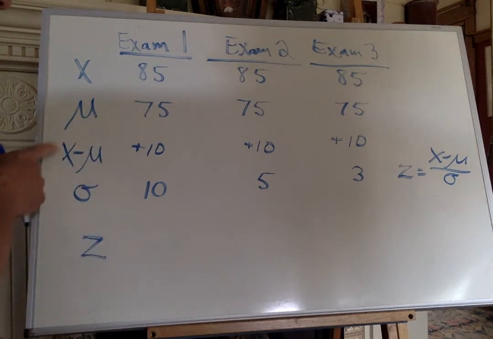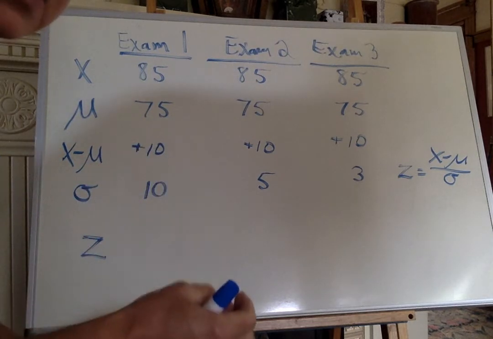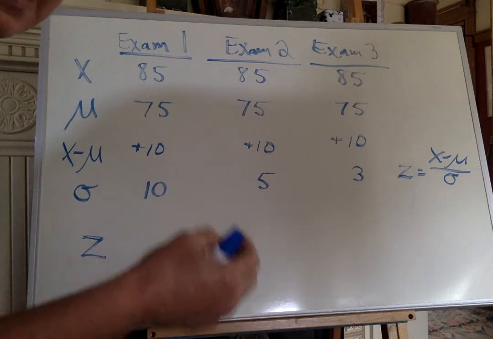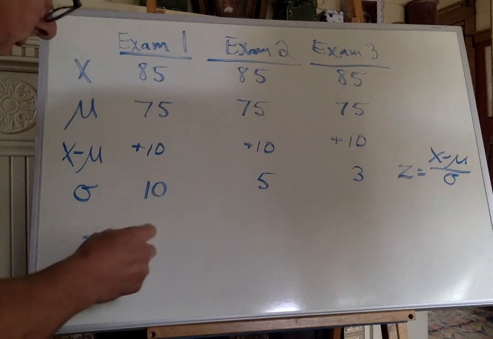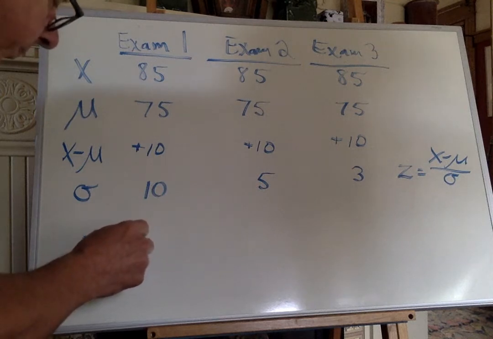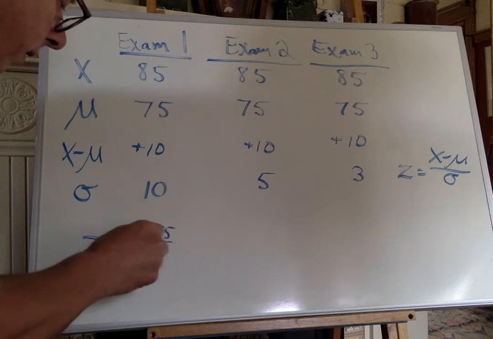That's this. This tells you how many points away from the mean. This is your deviation score. The z-score tells you how many standard deviations away from the mean you are. Okay? So in this case, we have 85 minus 75 divided by 10.